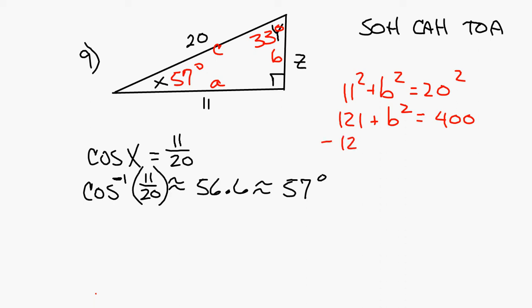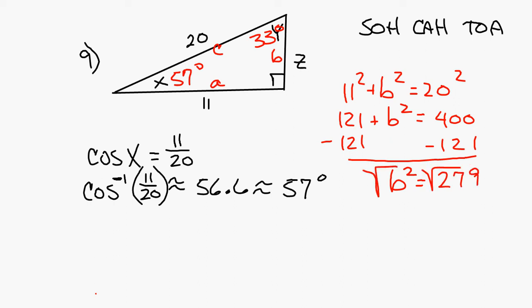B squared would equal 279. And then you're going to find the square root of each side. So B equals 16.7. So your Z variable is equal to 16.7.